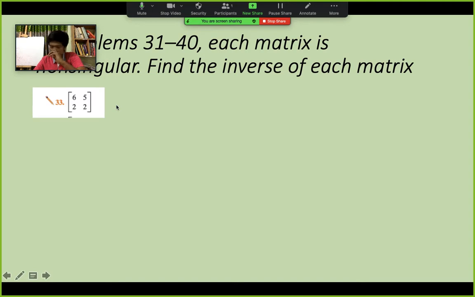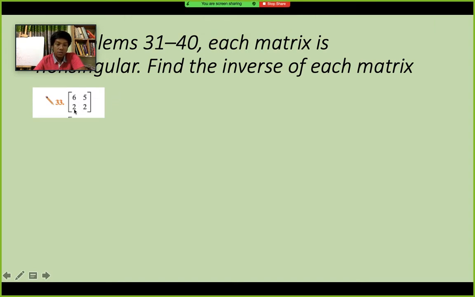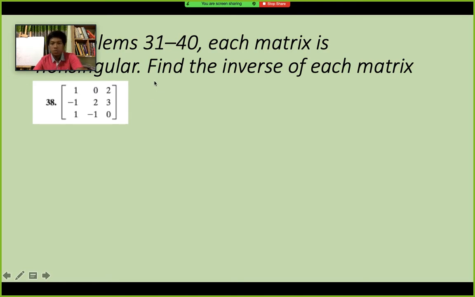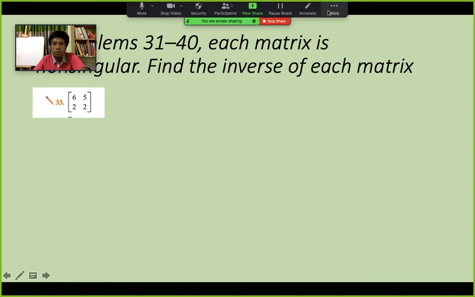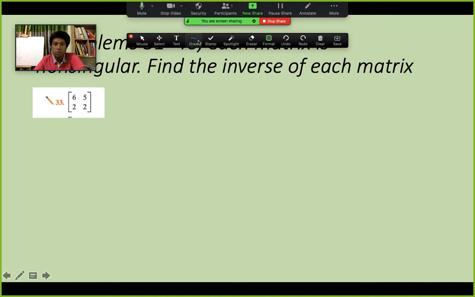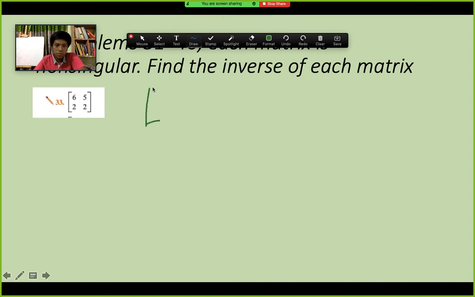So this is a math, the matrix 6 5 2 1. And this will be another math from a 3 into 3 matrix. So let's do the first one from here. 6 5 2 2, sorry.